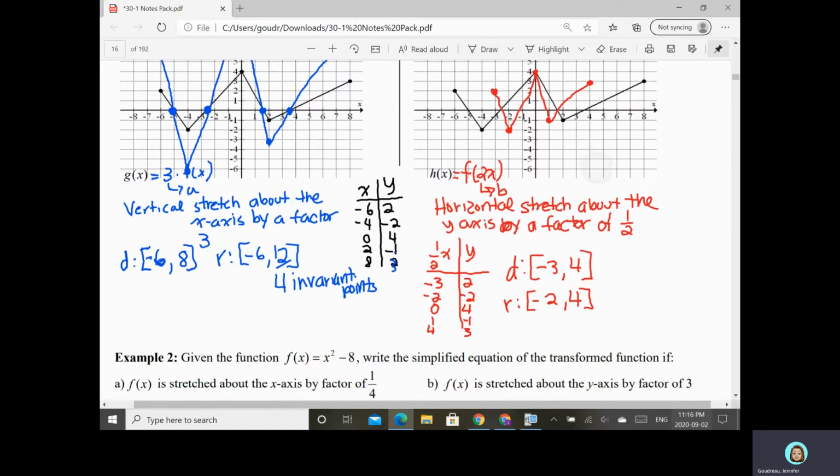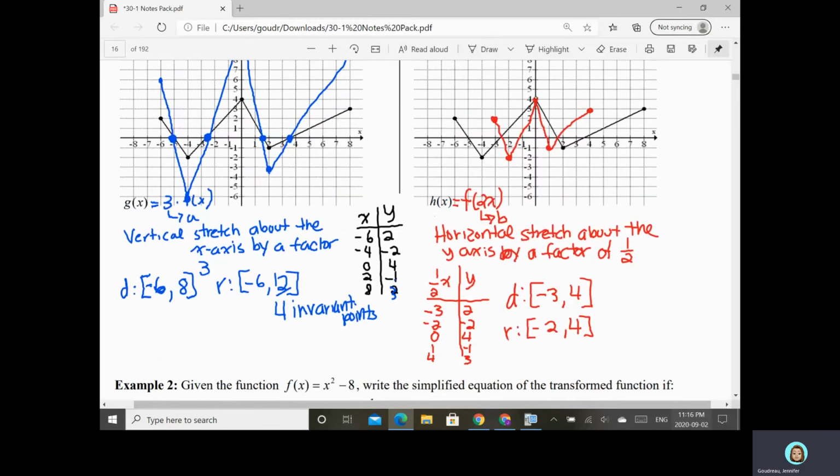For h of x, we only had one invariant point because the invariant point was the y-intercept. We only have one of those, so we just have one invariant point. Again, it's not asking us for the value of the invariant point, just for how many we have.